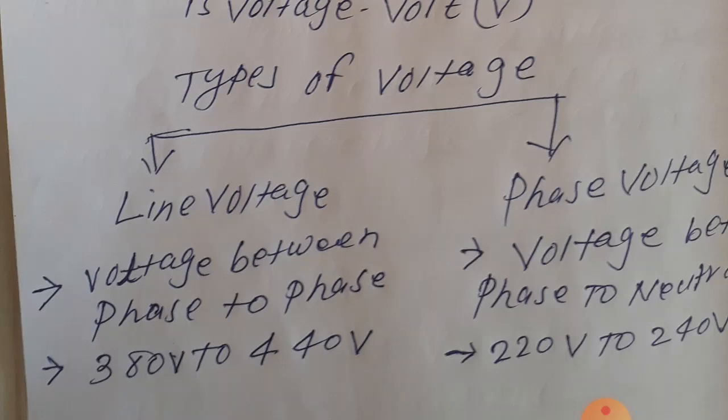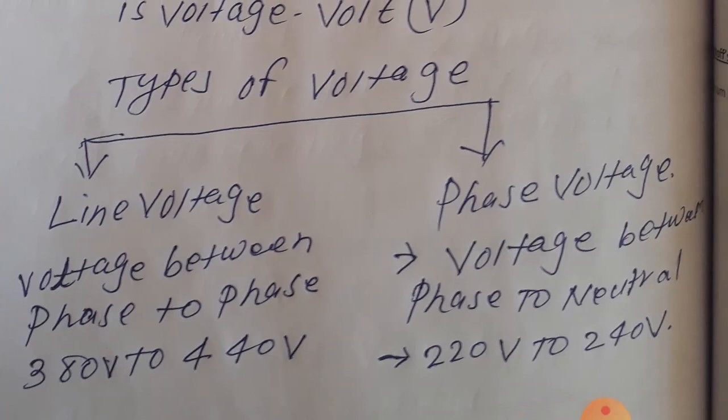And what is phase voltage? If you measure the voltage between phase to neutral, where phase is three: red phase, yellow phase and blue phase. If you measure red phase to neutral, the voltage comes 220 to 240.